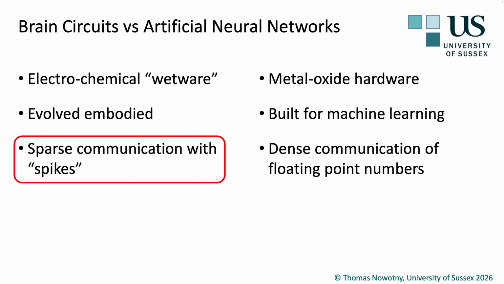Yeah, so each unit, each neuron does the computation for a while on its own before it has a message to send. And that's a completely different paradigm on how to do these computations.